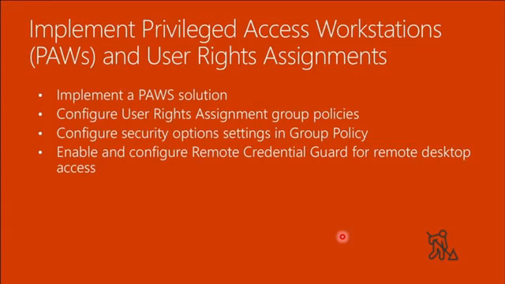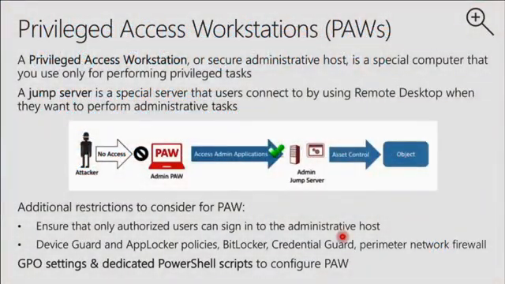So, privileged access workstations. What is a privileged access workstation? A computer you are using just for performing privileged tasks, like remote access. You can connect to a server, for example, maybe a jump server, just from a particular machine. And you are limiting the ability of a user to connect to an admin console from another machine.